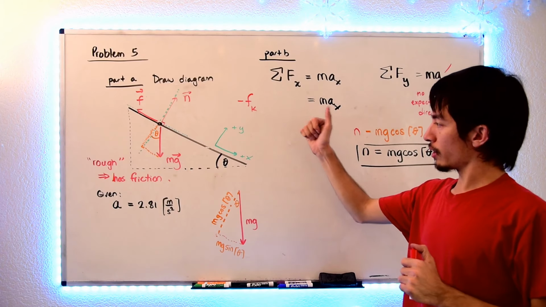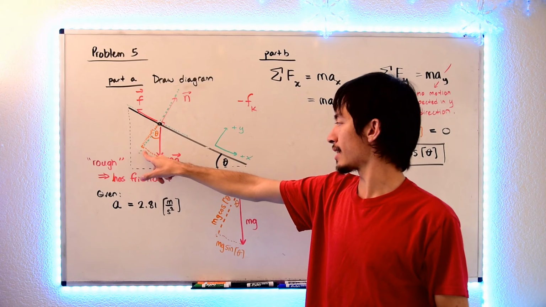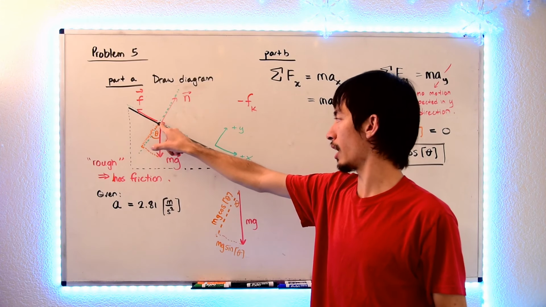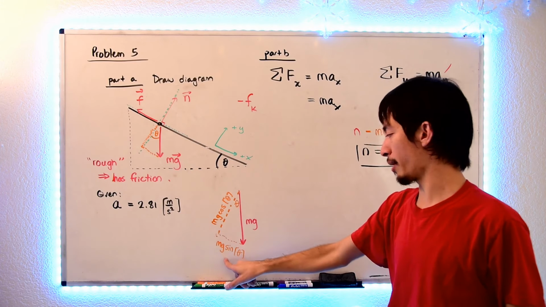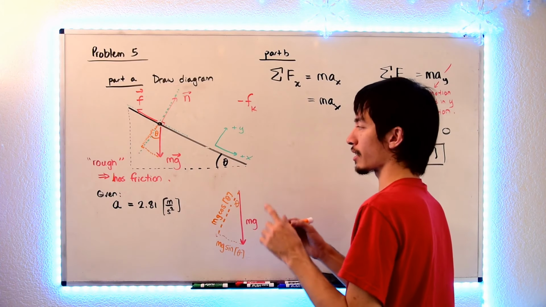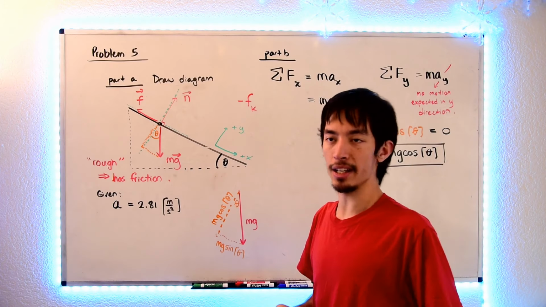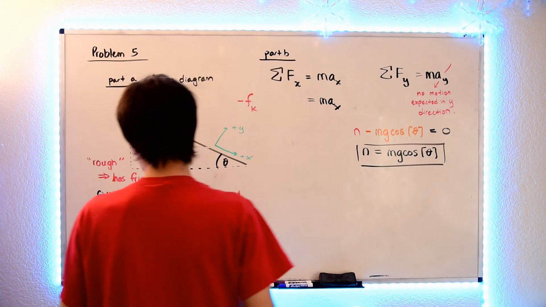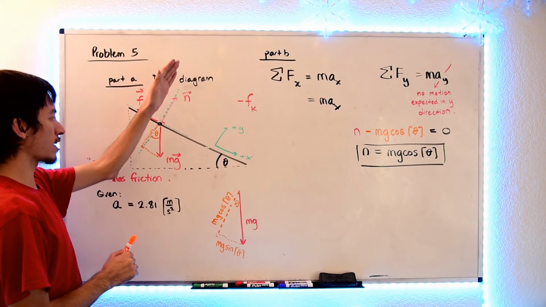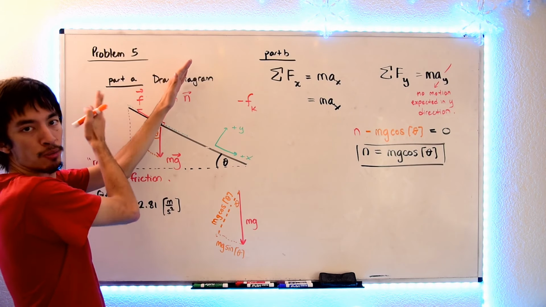Now, the component of the weight we care about, which is the x component, it's the side that's opposite to the angle, which is mg sine theta. So we're going to write mg sine theta, but being careful, it is going to be positive and not negative, because what makes the x component positive or negative is if you are to the right or to the left of the y-axis.